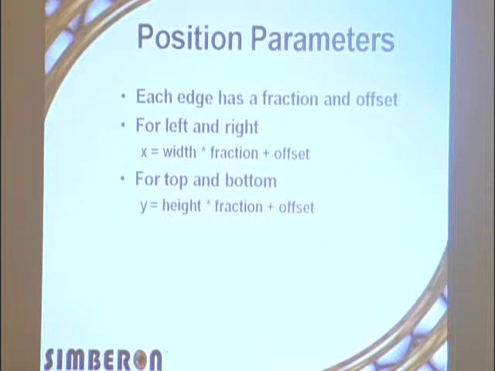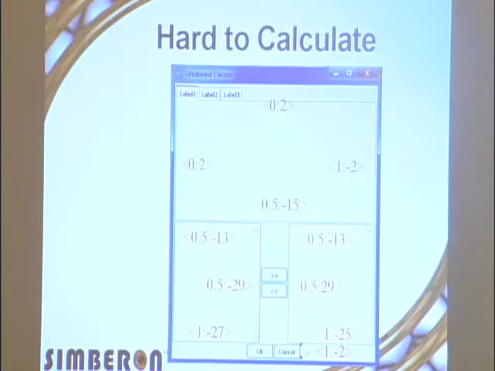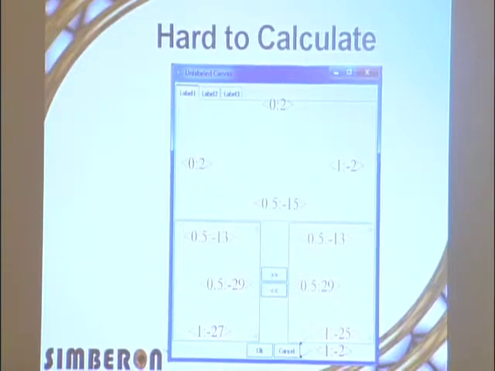For top and bottom, you take the height of the window times the fraction plus the offset, and that tells you what pixel that edge is going to be at. And the problem is that those fractions and offsets can be rather hard to calculate, especially if you want to have a nice looking layout.